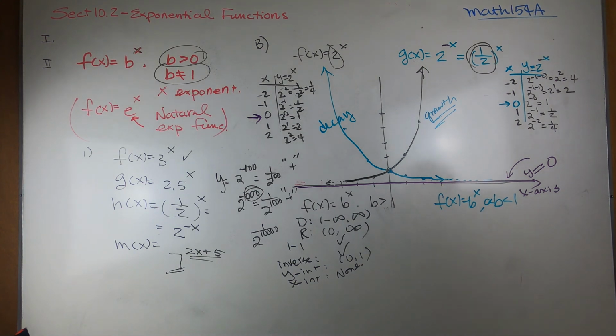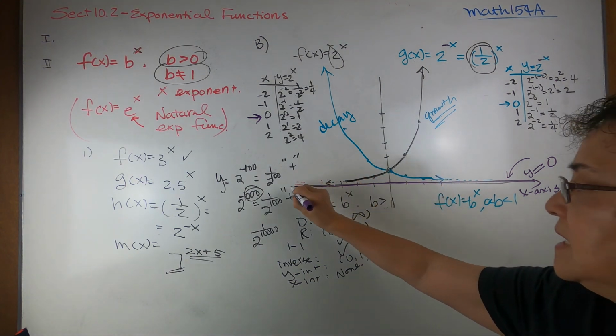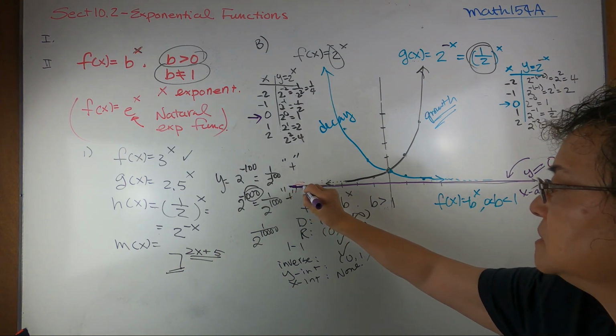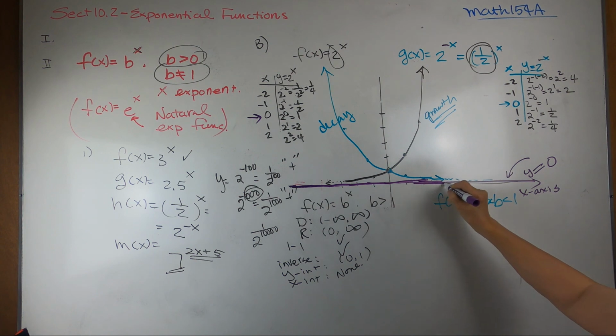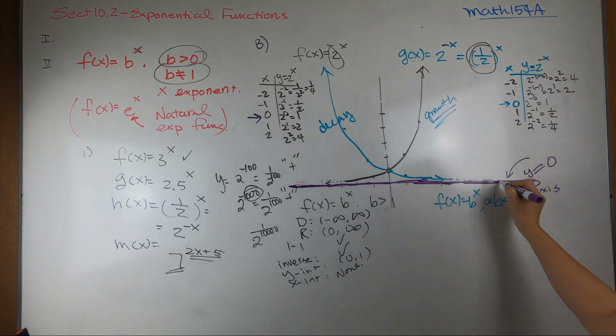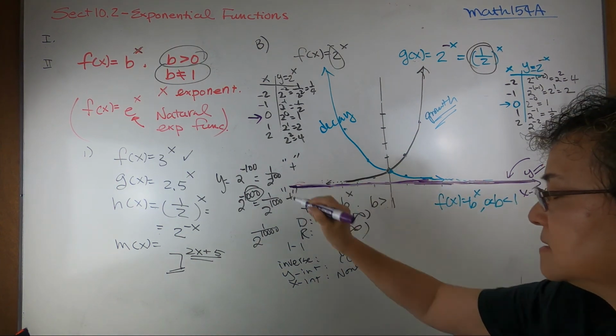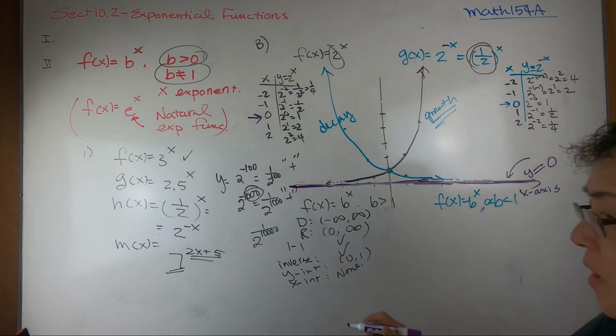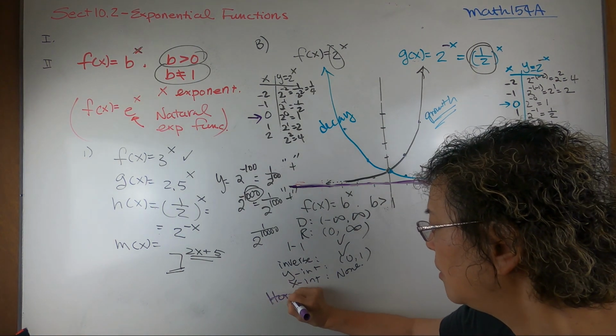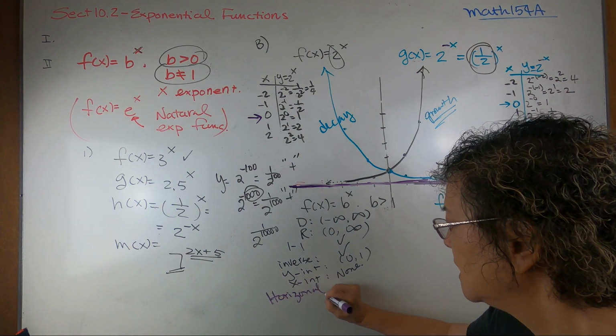Okay, then another thing we are going to learn is the characteristic that the curve can never touch this line. Okay, it's bounded and limited by the x-axis, which is horizontal as well. So we call it the horizontal asymptote.